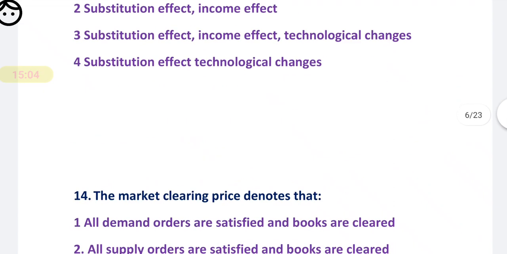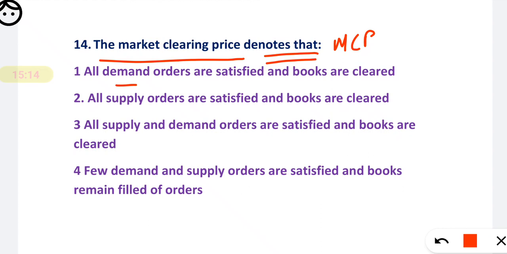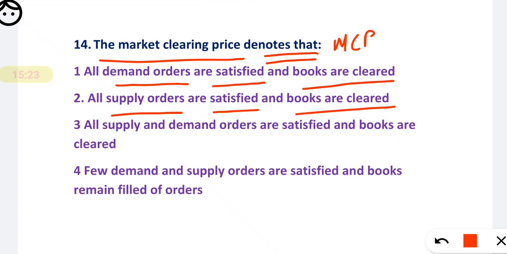Next, question number 14, the market clearing price, that is the MCP. What does the market clearing price denote? First option, all demand orders are satisfied and books are cleared. Second, supply orders are satisfied and books are cleared. Third, all supply as well as demand orders are satisfied and books are cleared.